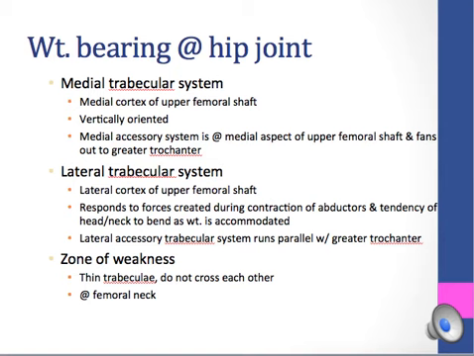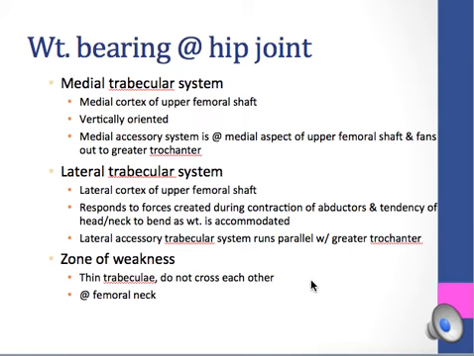Provides that tension into the system. And then we have that small trochanter system out by our greater trochanter. But that zone of weakness is right at that angle of where the neck comes into play. So if we just kind of draw a little picture, if hopefully my little guy is going to work.